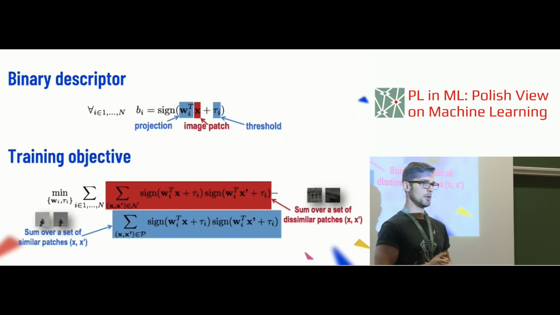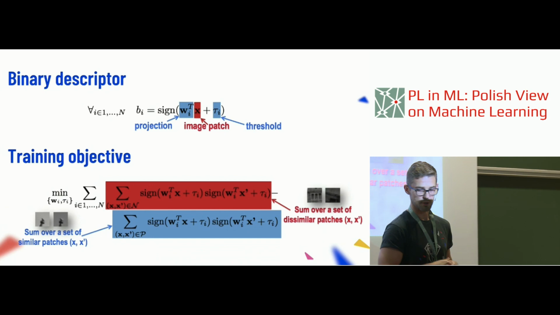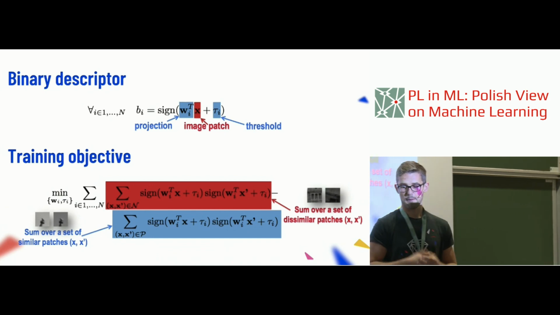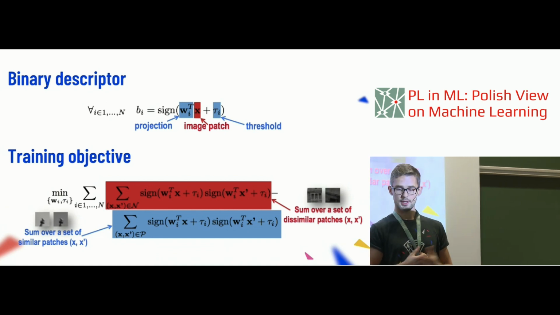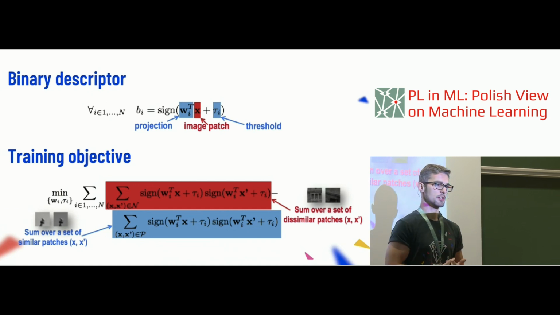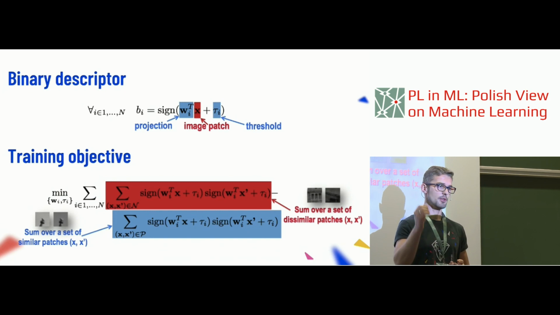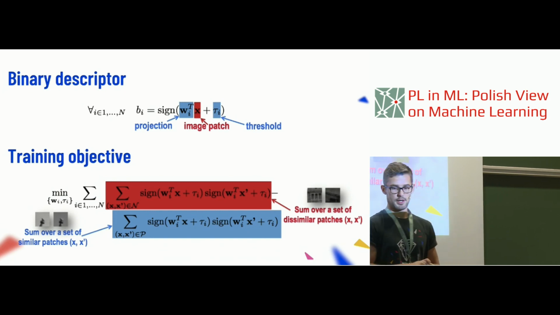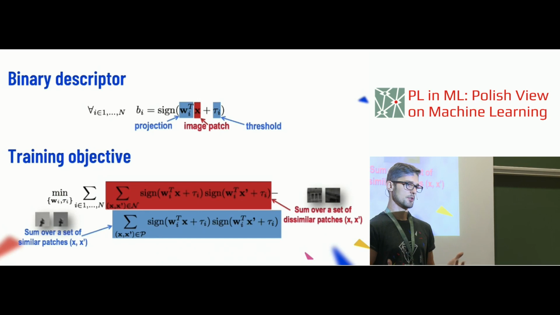Okay, so how does the binary descriptor look for an image? How does it look in practice? One way is basically taking your input image patch X, projected with a bunch of projections, W, and then threshold and binarize that. Now, when you want to train those projections, you can use many different objectives.